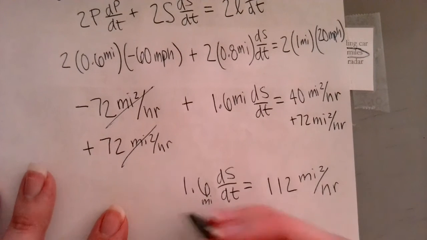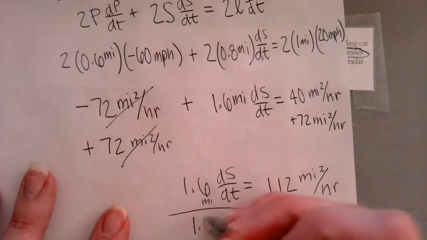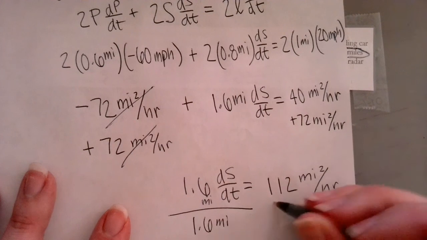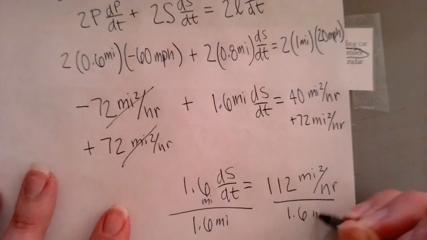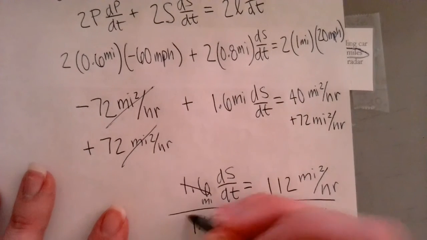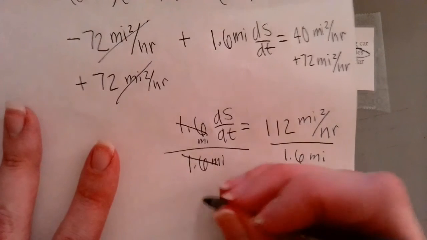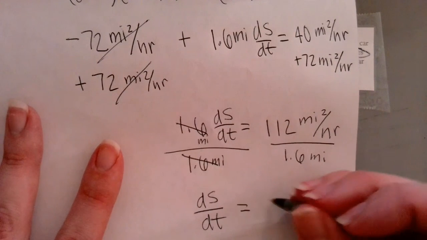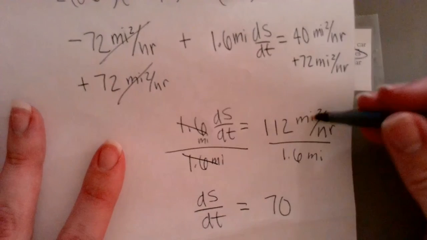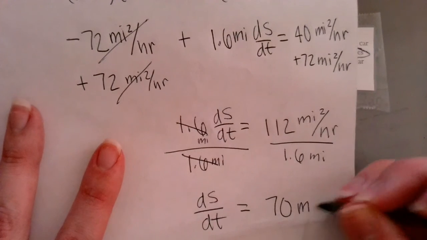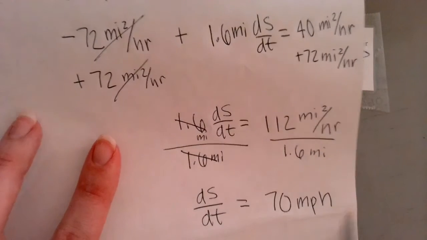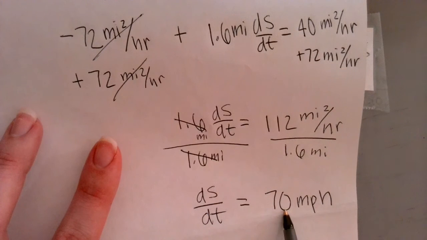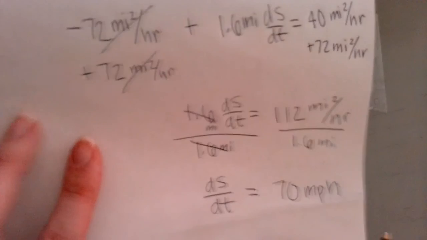We're going to divide both sides by 1.6 miles. Canceling out, we will have that ds dt is 70, and then these miles cancel, miles per hour. That is a positive rate. It is a reasonably fast rate for a car. That is a reasonable solution.